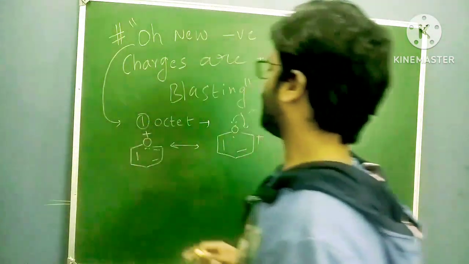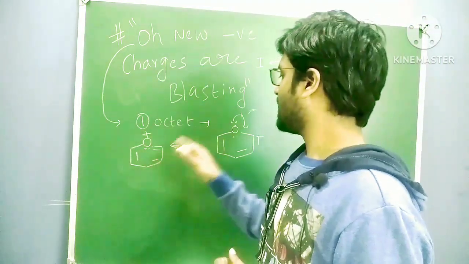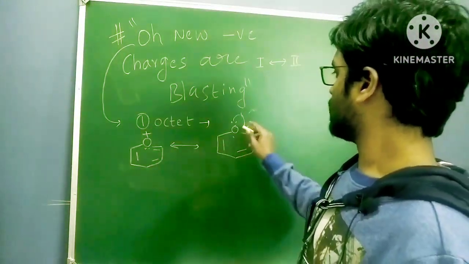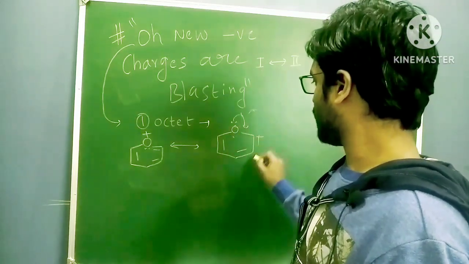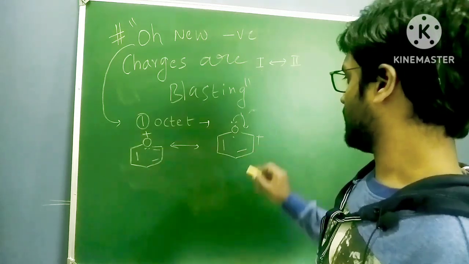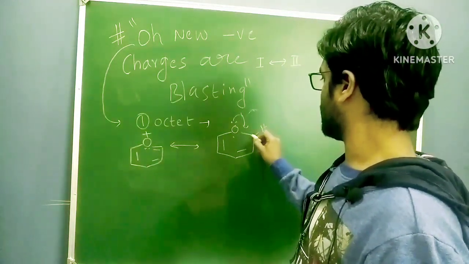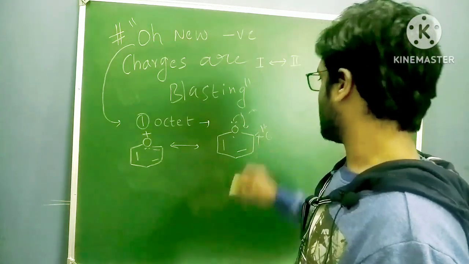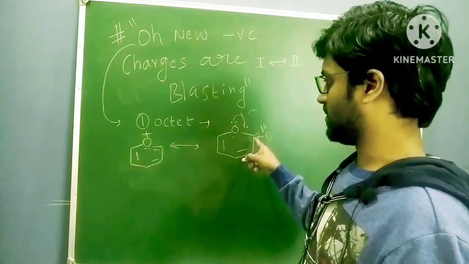So if you observe, first of all, what you have to see is octet, whether every atom completed its octet or not. So here 1, 2, 3, 4, 5, 6, 7, 8. Here, this has only 6 electrons, 1, 2, 3, 4, 5, 6. So this atom has not completed its octet, right?